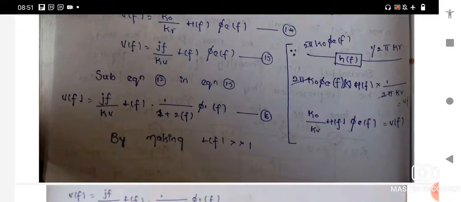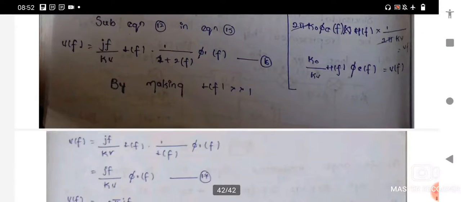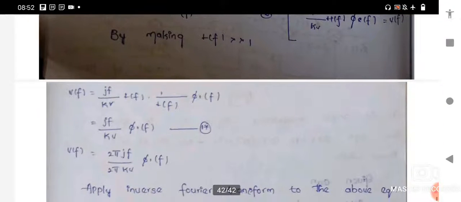The resultant is V(f) equals jf by kv L(f) into 1 by 1 plus L(f) into φ1(f), that is equation 16. So by using L(f) much greater than 1, we get the resultant value, that is V(f) equals jf by kv L(f) into 1 by L(f) φ1(f).